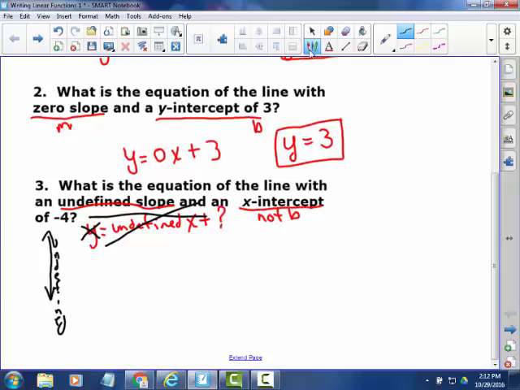So if the x-intercept is -4, that's telling us we have a vertical line going through at -4, if we had a grid. Every point on this line has an x value of -4. So the equation is simply x equals -4.